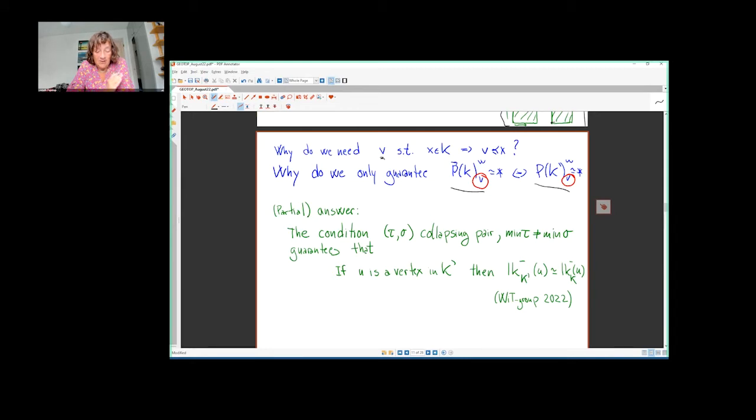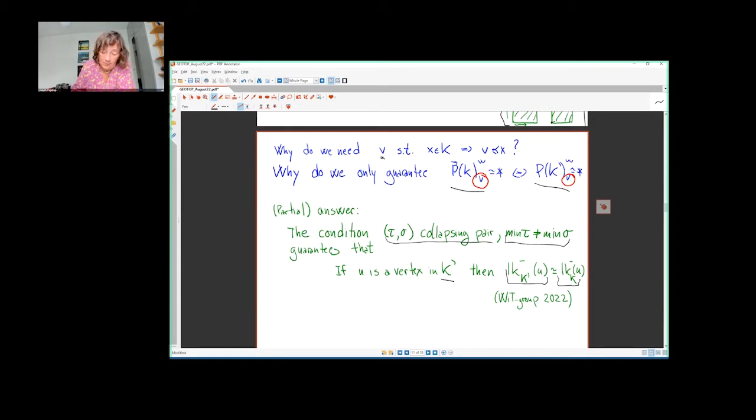a partial answer to this is that this condition, with tau and sigma a collapsing pair and the minimum of tau not the same as the minimum of sigma, gives us that if I have a vertex in K prime, then the past link of that vertex in K prime is homotopy equivalent to the past link of that vertex in the original K. So what we're going for here is preserving past links.